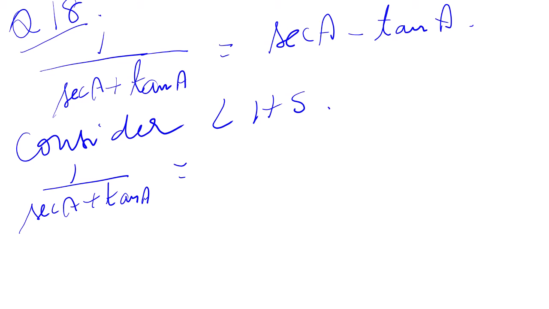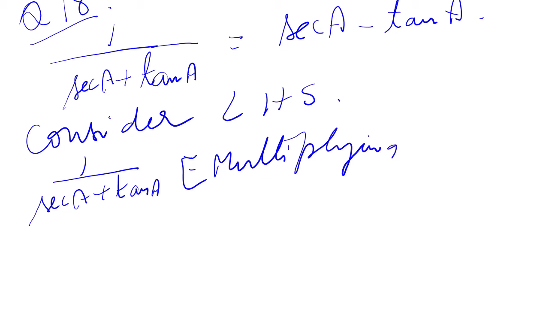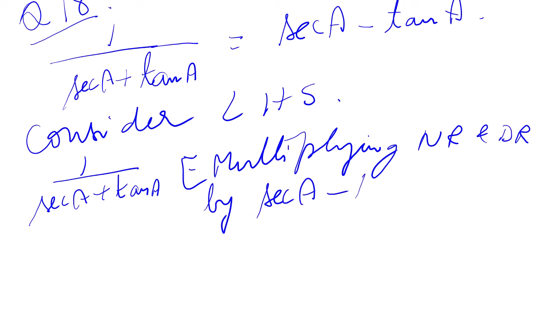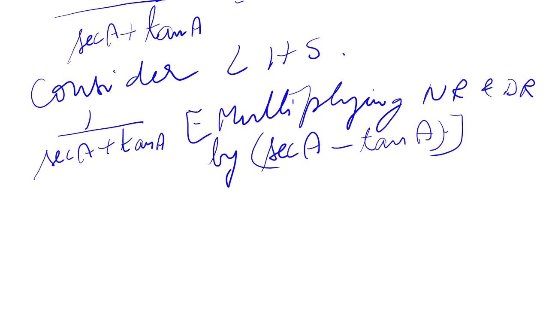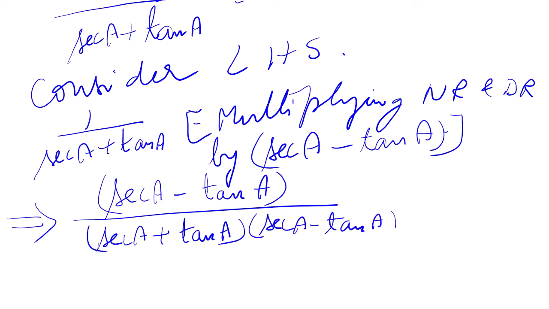In a similar manner, we will multiply the numerator and denominator by sec A minus tan A. Okay, so multiply numerator and denominator by sec A minus tan A, we get sec A minus tan A upon sec A plus tan A into sec A minus tan A.